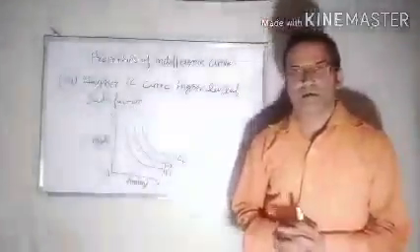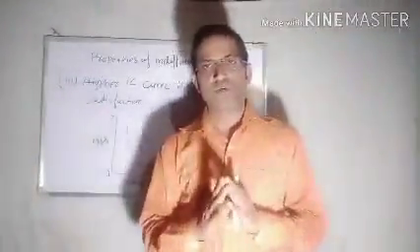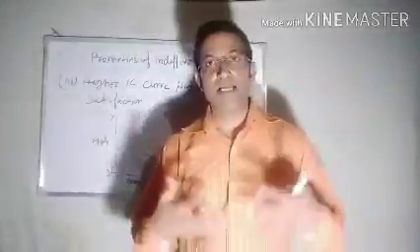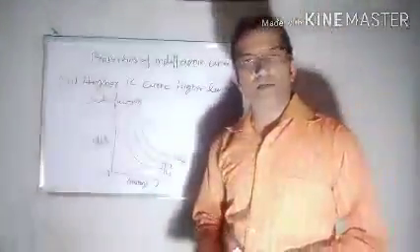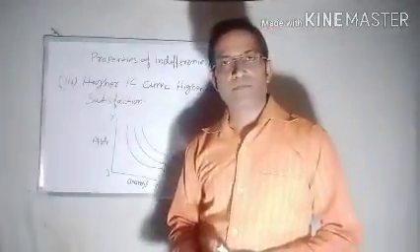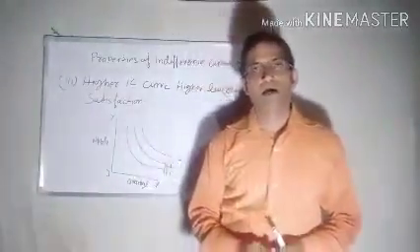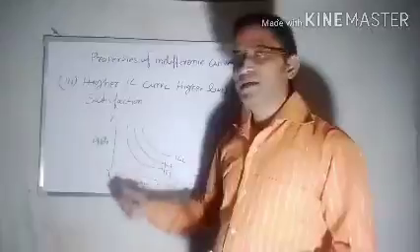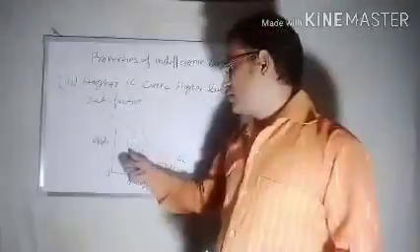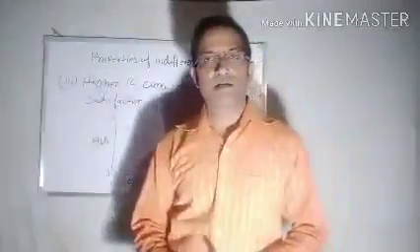But if a consumer wants to get higher satisfaction, then he has to move to a higher level of IC curve. But how is it possible? Not until he has more income, because on one IC curve he is spending his given income and he cannot move to another one until he has more income than before.